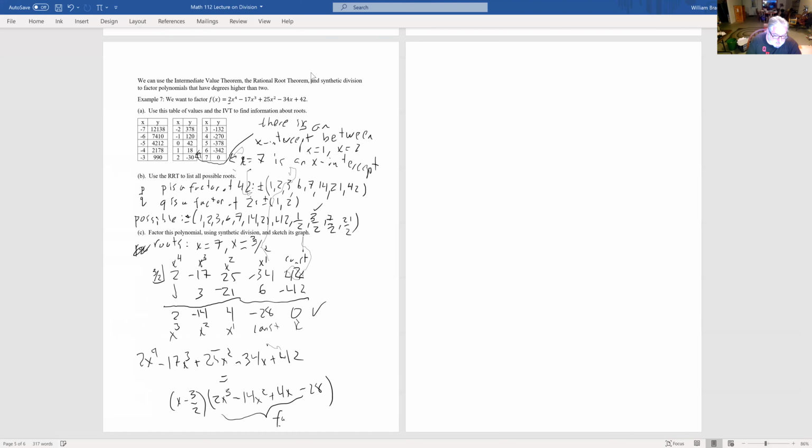I'll factor out a 2 because all of my coefficients are even. And I'm going to call this whole thing f of x so that I don't have to write it over and over again.